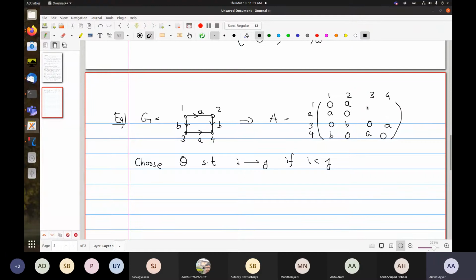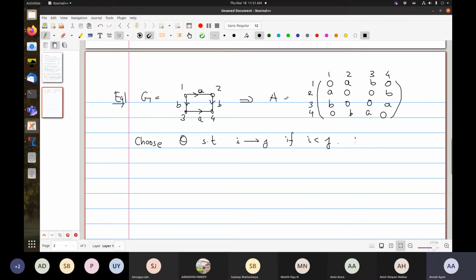So 1 goes to 3 now with b, and 1 does not go to 4. 2 goes to 4 now with b, and 2 does not go to 3. Yes, so let me fix this as well. So b is 0, 0. Okay.